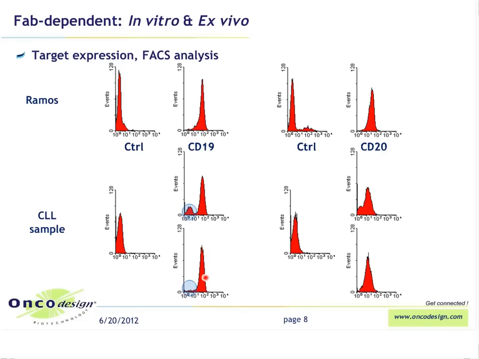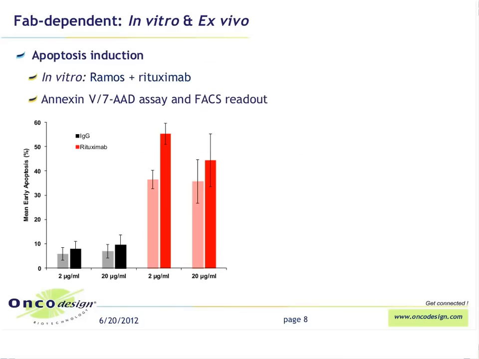And for subsequent analysis, it could be of interest to purify these cells in order to only have B cells in the assay system. Then the next step is to analyze what is the consequences of antibody binding to the target. The first would be apoptosis induction, and for this we use annexin-5 assay analyzed by FACS analysis.